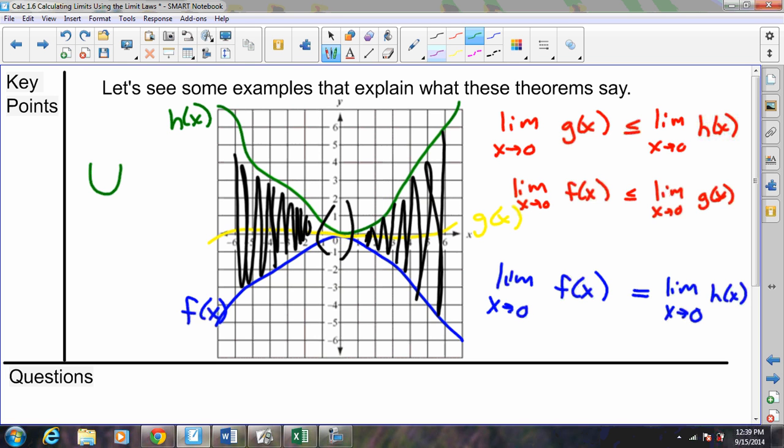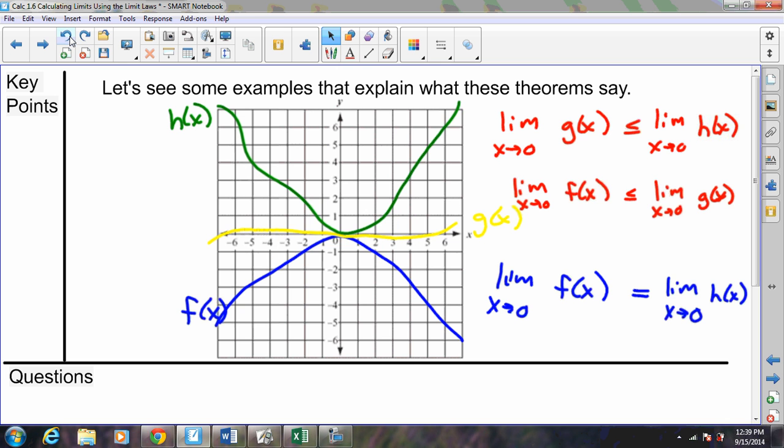green, blue, yellow. If we squeeze the green and the blue together, yellow's going to get squeezed in with them, and so all three of them are going to be at the same point. That's what the squeeze theorem tells us.